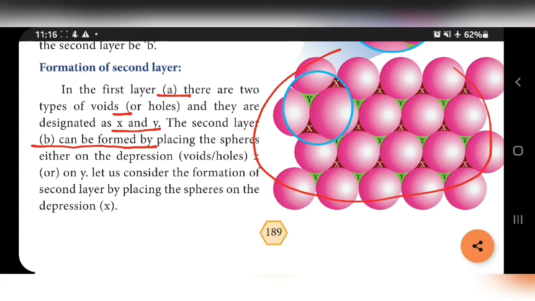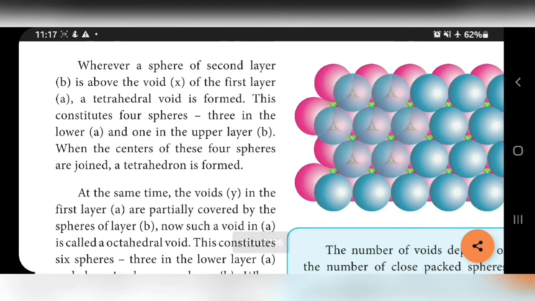Let us consider the formation of the second layer by placing the spheres on X. Here we consider two possibilities: the second layer atom can be placed on Y void or X void. Here we are assuming we are placing the spheres on the depression on X.